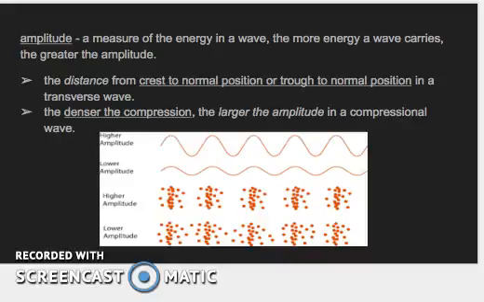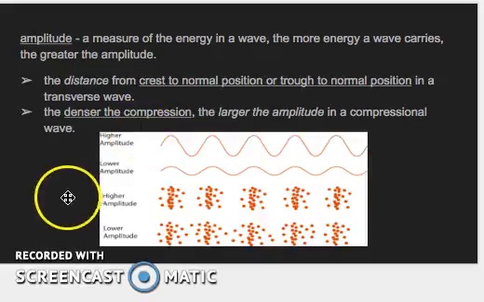Amplitude, by definition, is a measure of the energy in a wave. And we can see here that the more energy a wave carries, the greater the amplitude. And closer to the definition of amplitude we've got here is amplitude is the distance in a transverse wave from crest to the normal position or the trough to the normal position in a transverse wave.